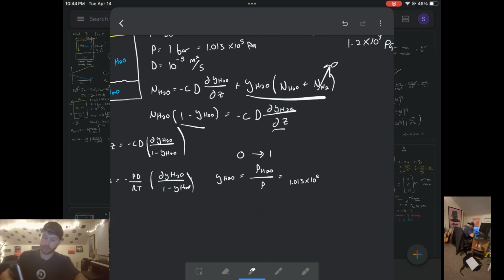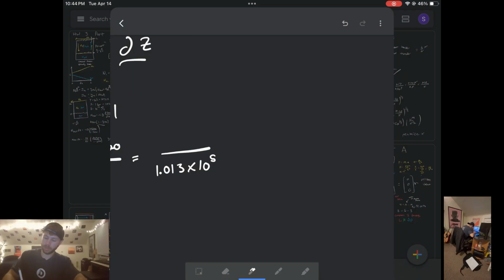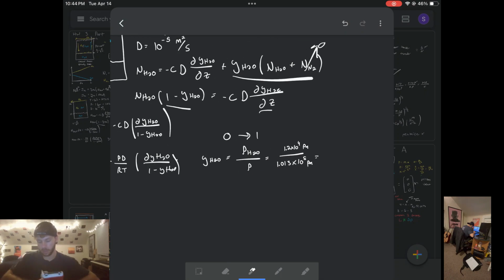So we can plug that into our equation, and we'll find the mole fraction of our water vapor should be equal to about 0.12.